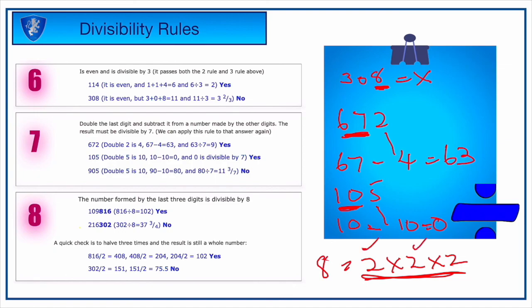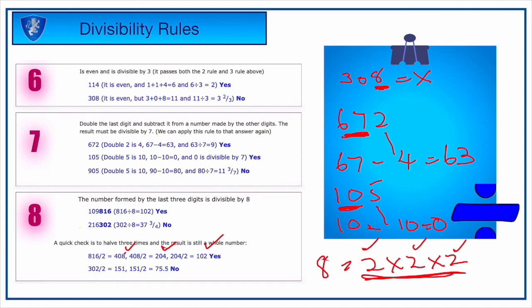So for example, with that number there, 816, you half it, you get 408. Then you half it again, you get 204. Then you half 204, you get 102. And you can carry on like this, so straightforward. But I suggest most of the questions you get are fairly easy. So that's the test for 8.